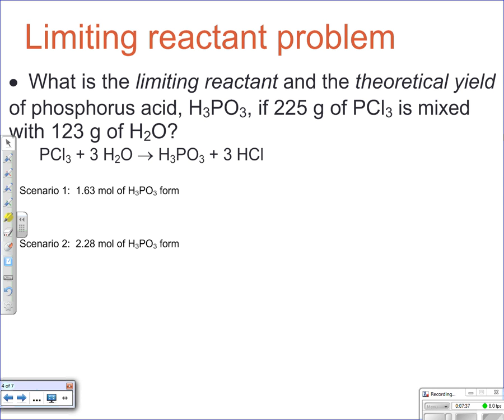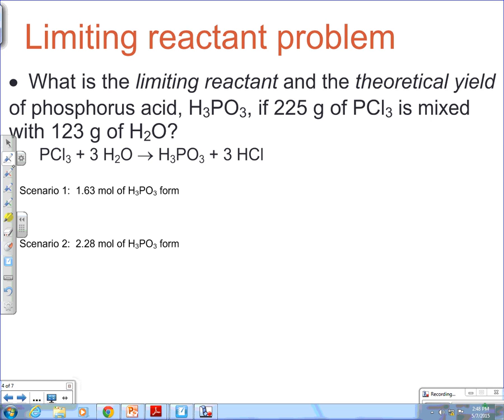As you can see, I've transferred over the information from both scenarios 1 and 2. We already determined that scenario 2 is incorrect. Scenario 1 is correct. So my final step would be to simply convert the 1.63 moles of H3PO3 into grams.